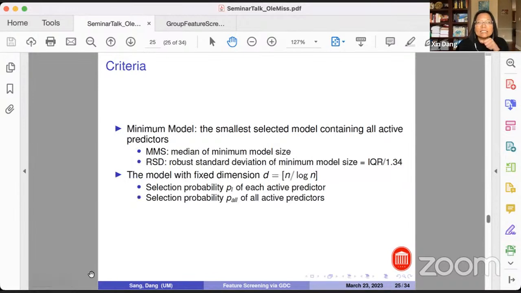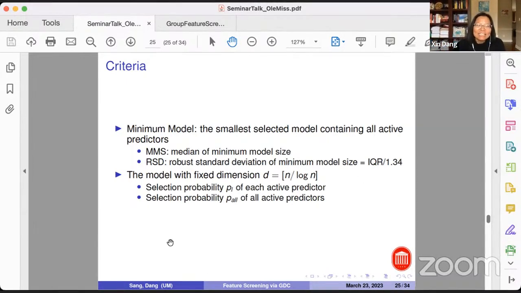That's one way we do it, and we output the median of the minimum model size. We also output the robust standard deviation of the minimum model size, using the interquartile range over 1.34. My students in robust statistics know where this 1.34 comes from. Right?